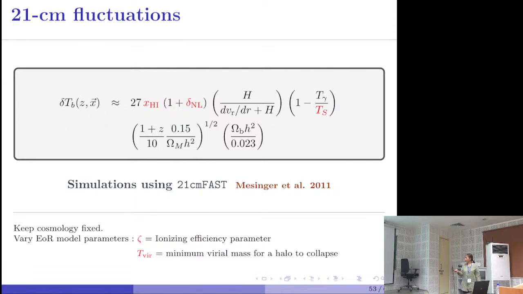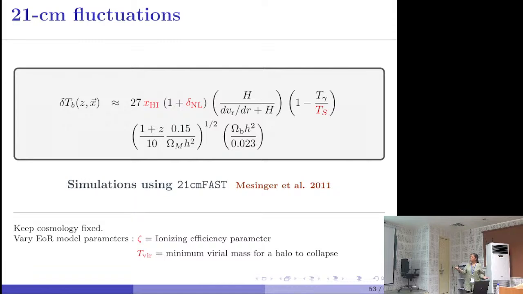One parameter is the ionizing efficiency, basically the number of ionizing photons produced by stars that can actually do the ionization of hydrogen. And the other parameter that I will be interested in is the T_UV.